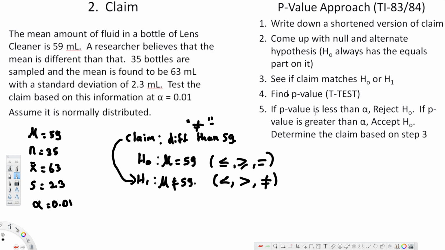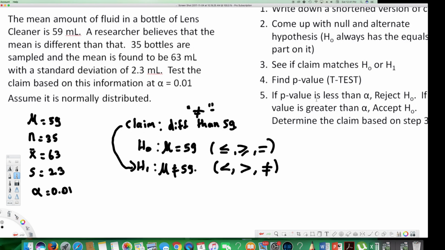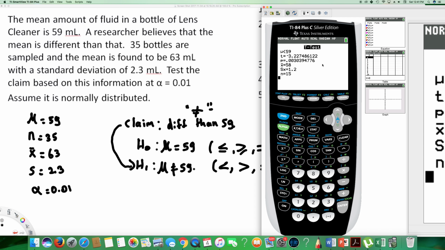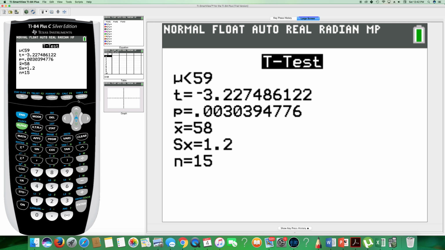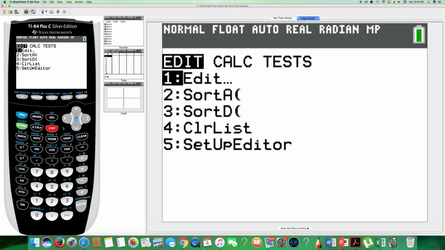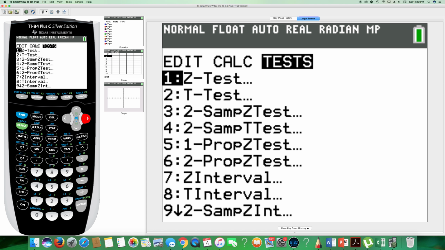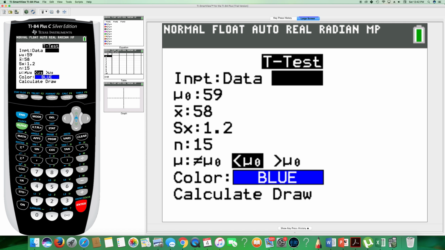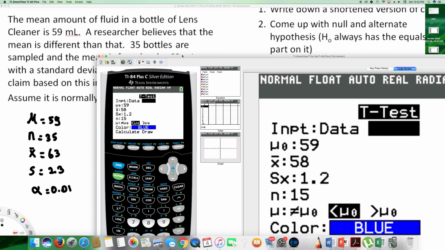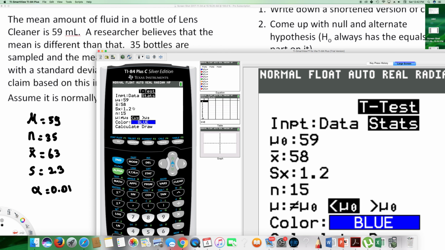After that, we have to find the p-value. In order to do that, we have to do the t-test. Now let's go ahead and do that. I'm going to use this calculator. Go to stat, then go to tests, and the second is t-test. Enter, and here we have the stats. The first is mu. Our mu was 59, so we keep the same thing.